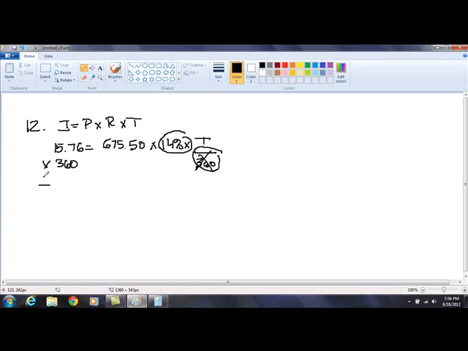So to bring it over, I will divide. And my $675.50 is currently being multiplied. So to bring it over, I will divide. That leaves me with T on this side and an equation to solve for on this side.